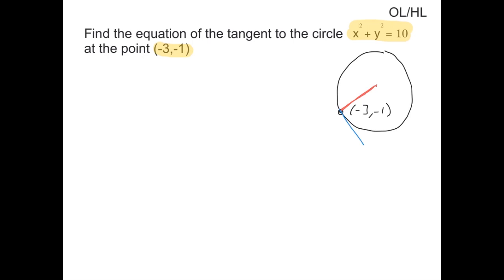So we need to find the equation of this tangent line.